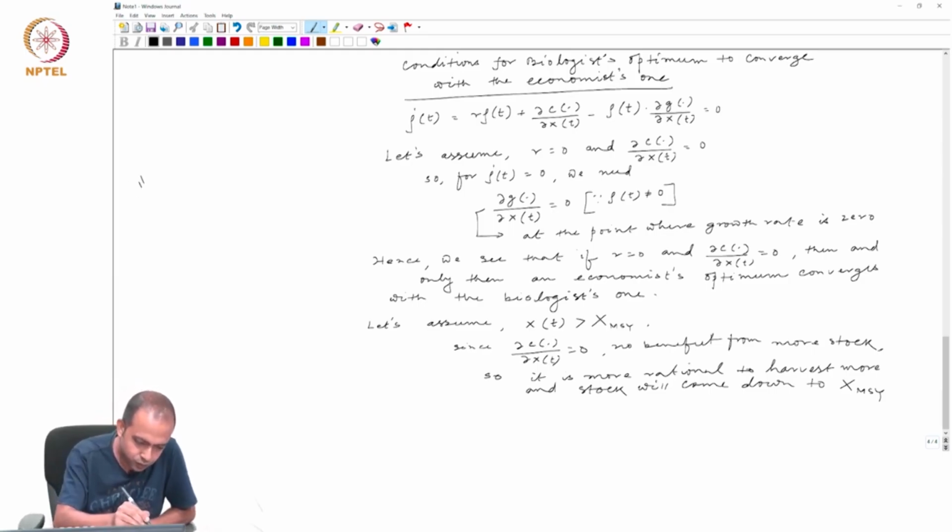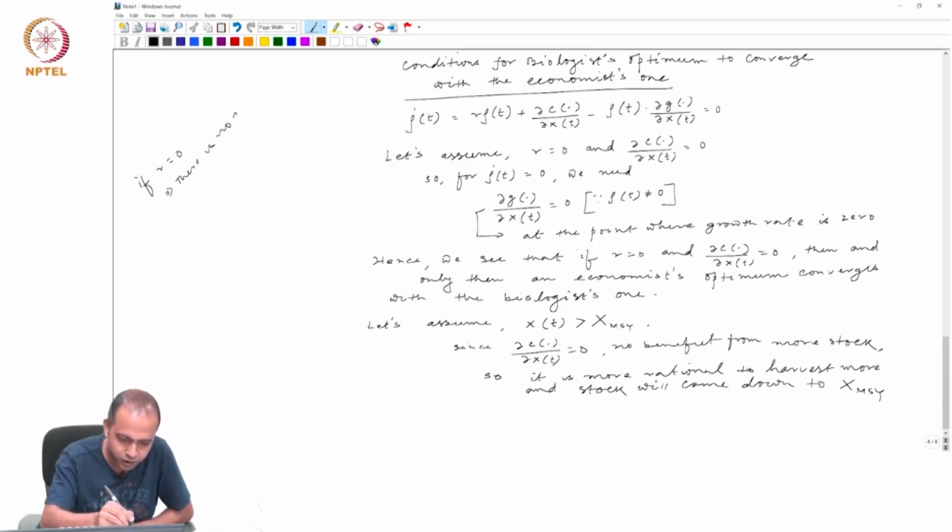Similarly, if R equals 0, then what happens? That implies there is no discount rate, no discount.